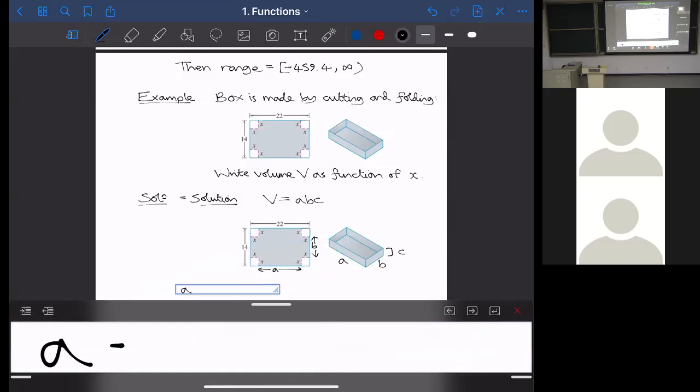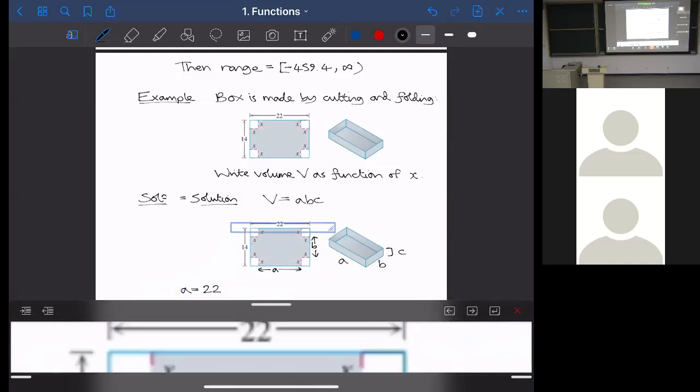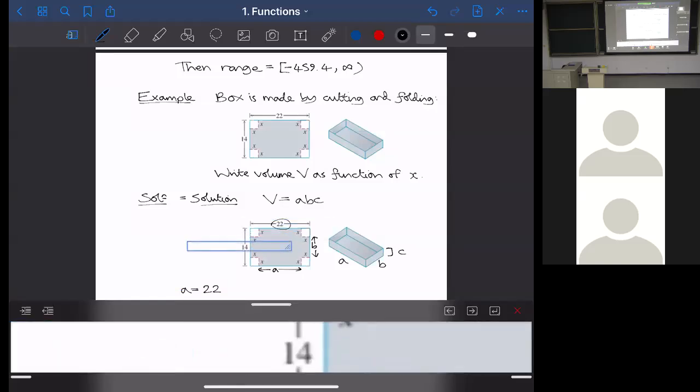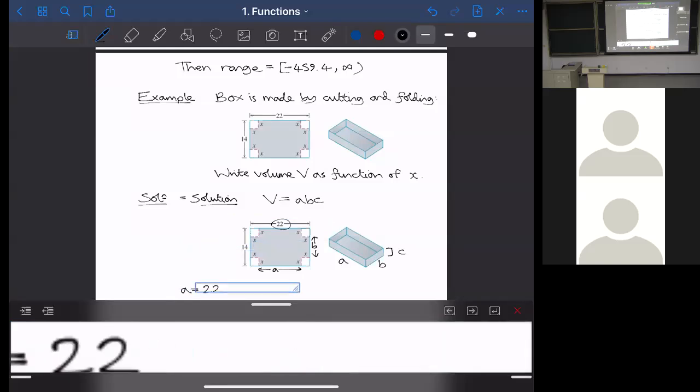So we can see A is 22 minus 2 corners of length x.